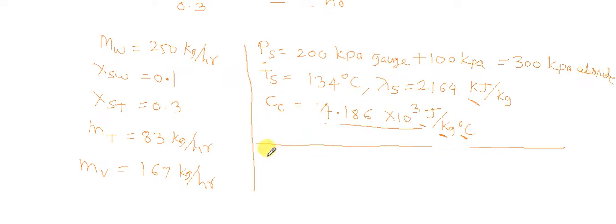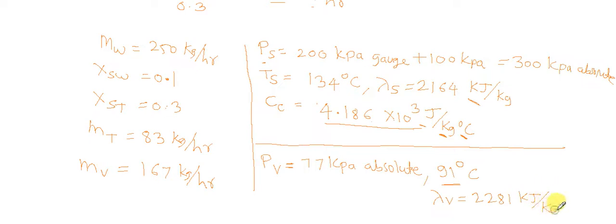So now here they have given the condenser pressure is PV, and in the evaporator the pressure is 77 kilopascal absolute. For this 77 kilopascal absolute pressure, the corresponding temperature in the evaporator is 91 degrees Celsius, and at this 91 degrees Celsius the latent heat of water vaporization is 2281 kilojoule per kg.